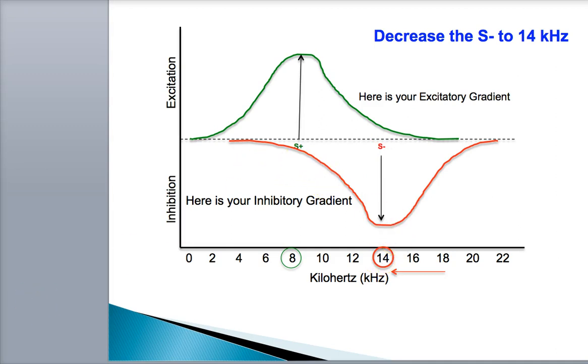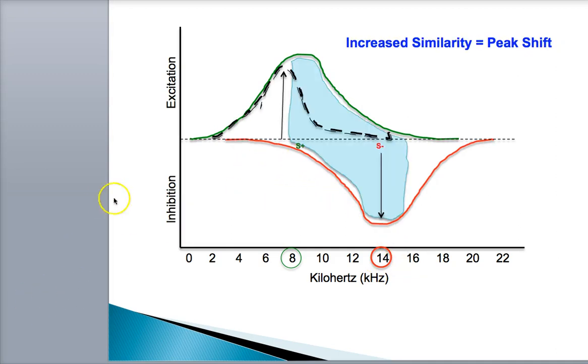There's clearly more overlap. So now we have a greater amount of overlap, and what you'll notice is that the suppression from the inhibitory gradient pulling down on the excitatory gradient gives the impression of the peak moving because it's suppressing everything else. So you'll see that as we get closer, the peak keeps shifting.